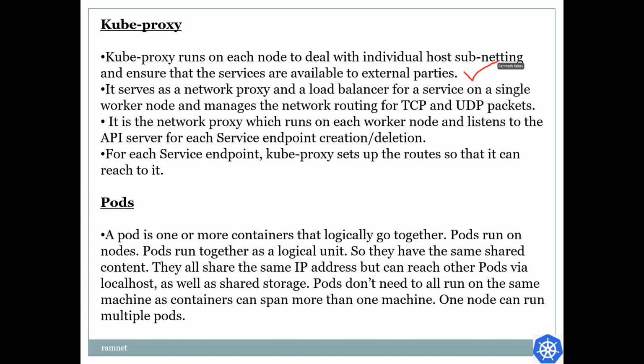It serves as a network proxy and a load balancer for services on a single worker node and manages the network routing for TCP and UDP packets. It is a network proxy which runs on each worker node and listens to the API server for each service endpoint creation and deletion. For each service endpoint, kube proxy sets up the routes so that it can be reached.